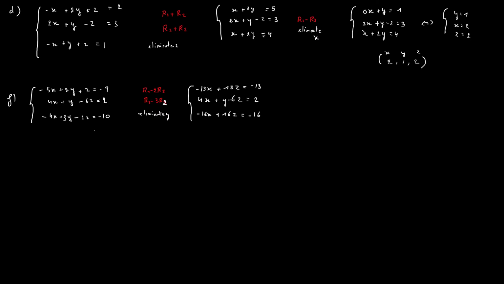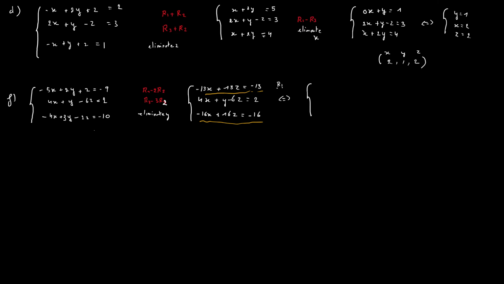this is interesting, because if we pay close attention to this, we see that this line and this line are actually going to be the same, right? What do I mean with being the same? Well, let's simplify both of them. Let's divide this by minus 13, and then let's divide this by minus 16.